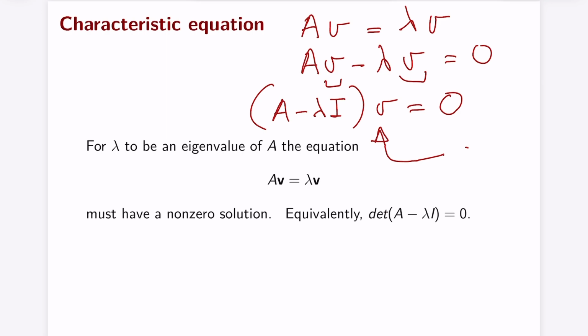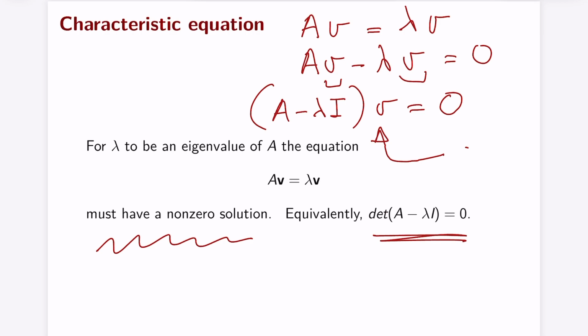And we know that this is the same as saying that the determinant of the system is 0, right? Because if the determinant is not zero, it has a unique solution, I mean, only the zero solution. So we want the determinant to be equal to zero to be guaranteed that this system doesn't have a unique solution, that it has more solutions, so we are guaranteed a non-zero solution.